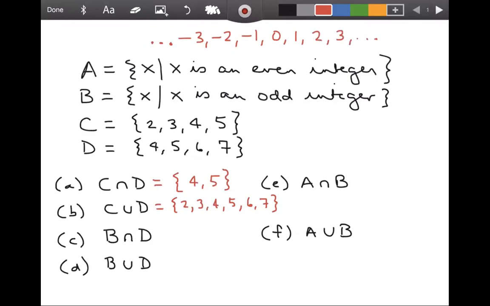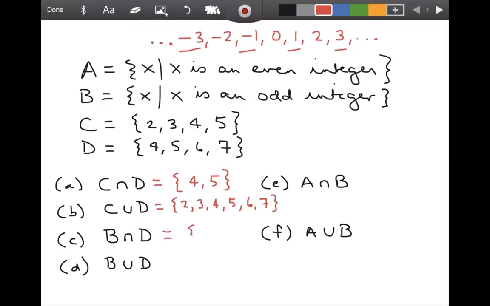B is the set of odd integers. So that would be like -3, -1, 1, 3, et cetera. We're finding the intersection of that set with set D. So just look for the numbers in set D that are odd. All of the numbers in set D are integers, but only 2 of them are odd integers, right? So that would be 5 and 7.